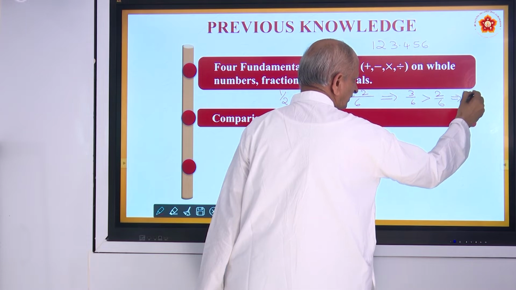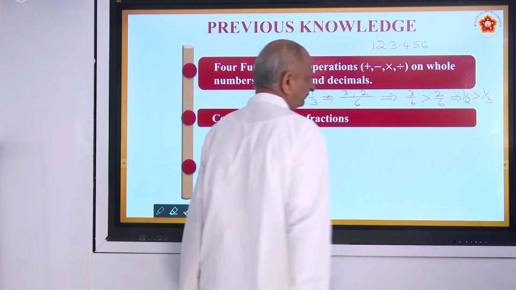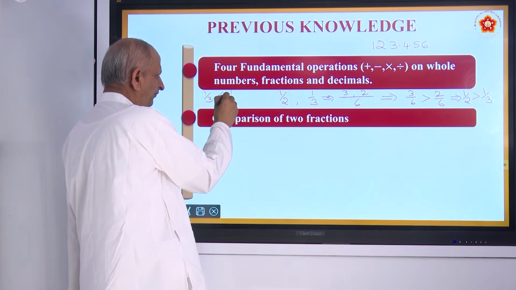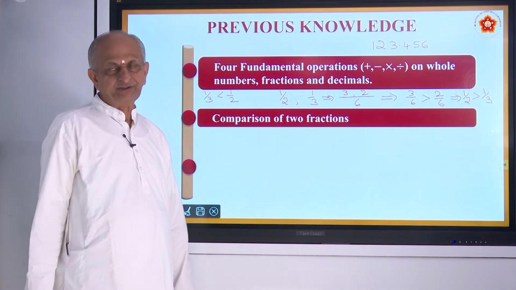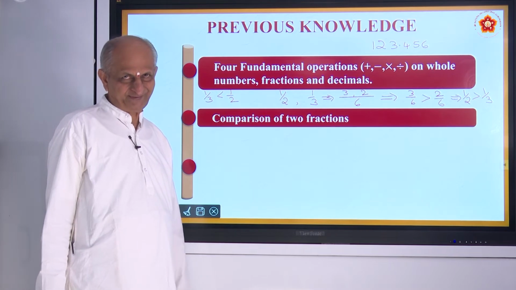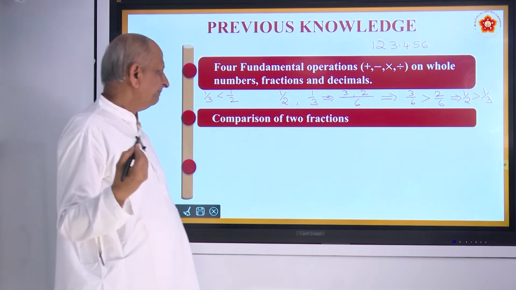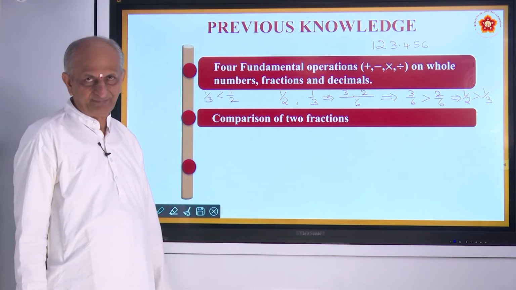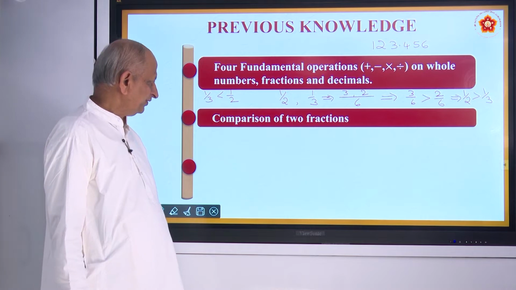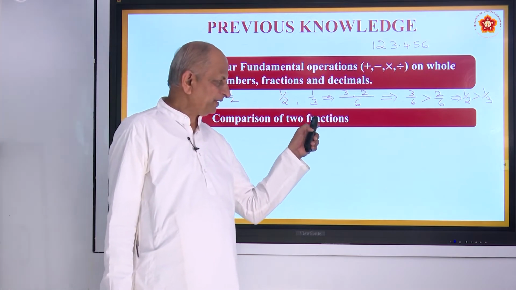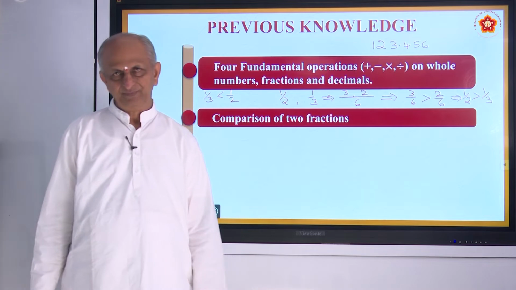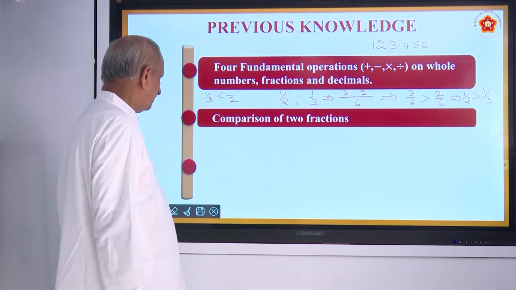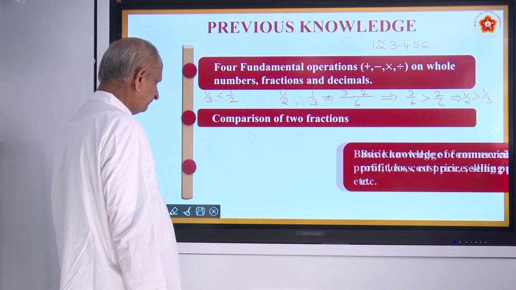Half is more than 1/3. Or you can also write it as 1/3 is less than half. So it is called comparison of fractions. Whenever two simple or proper fractions are given, you can compare them. And also we have seen how to convert improper into mixed and mixed into improper, like that also you have studied. So just for information we are giving a thought about it.